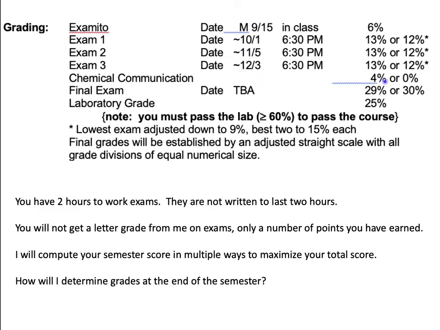And if you get 40 points, well, you probably didn't get 130 on the exams, and so it's going to be worth it to have that. So I will then give you those 40 points for the chemical communication portion of the grade, and then I will normalize all of the other major exams, that is the final and the regular exams, to a lower point total to make things a little bit better for you.